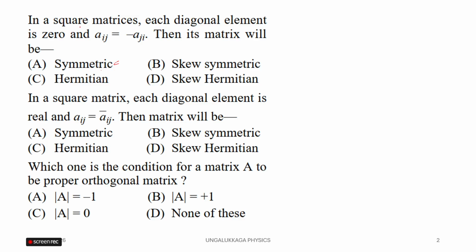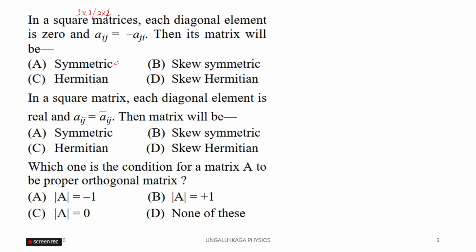In a square matrix, a square matrix will be a 3 cross 3 matrix or 2 cross 2 matrix or 4 cross 4 matrix. So those matrices are called square matrices. In simple words, if the number of rows and number of columns are equal, we call that a square matrix. Each diagonal element is 0 and aij is equal to minus aji.